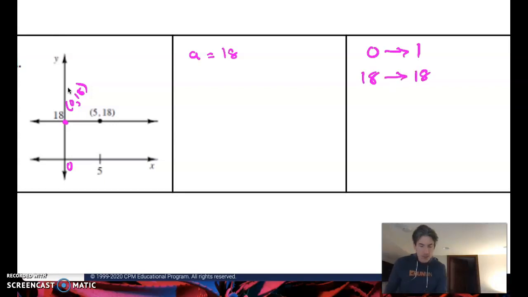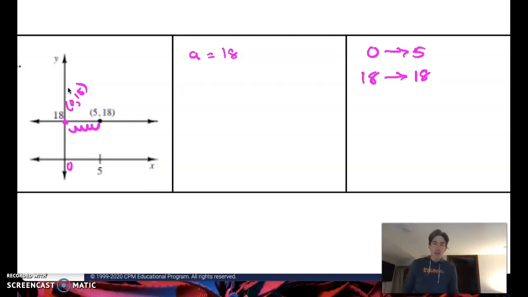Well, I notice that as x goes from 0 to 1, the y's go from 18 to 18. Now, I don't have to treat this like letter C because, after all, this is just one step. It's one multiplication. They just multiplied by one b value to get from there to there. I'm sorry, I said 1. I got to backtrack on what I said. That's a 5. So 1, 2, 3, 4, 5.